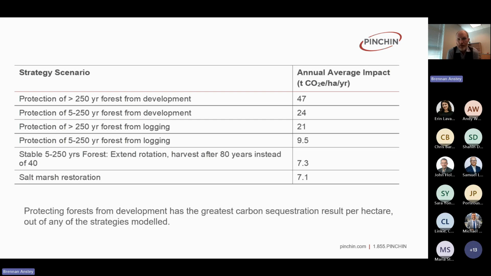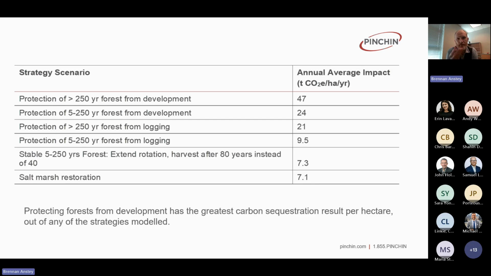So best to know that and go in eyes wide open. And essentially, one of our most important recommendations was to carefully manage the conversion of forests from development, because that essentially was the policy that would have the biggest carbon impact in their region.